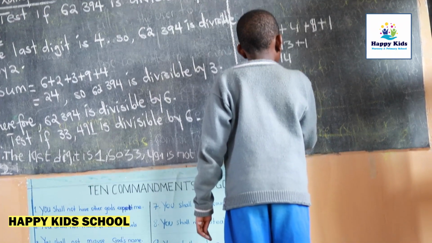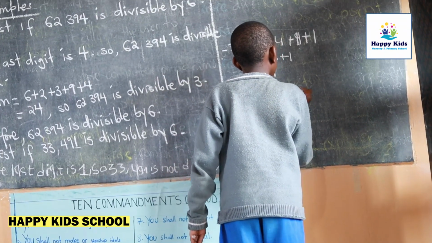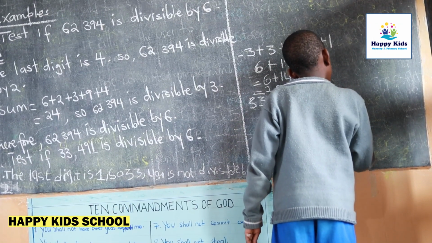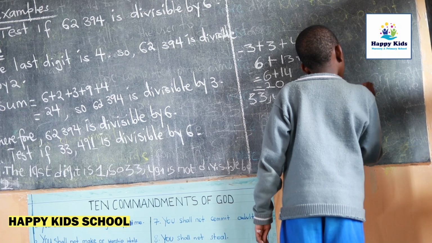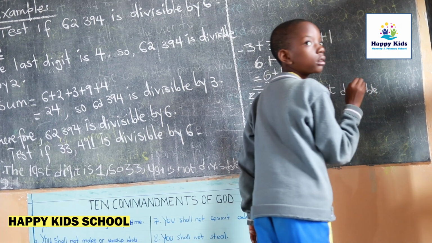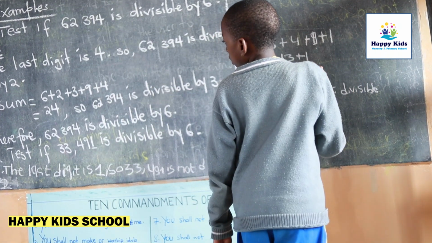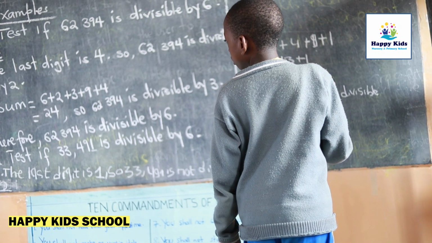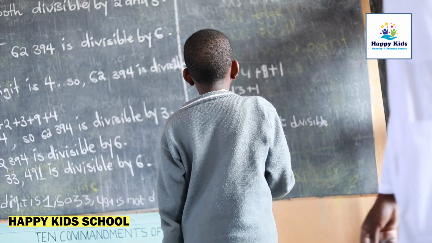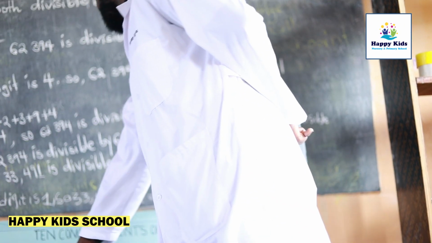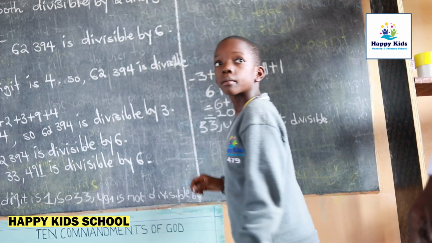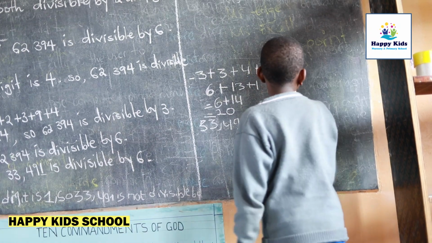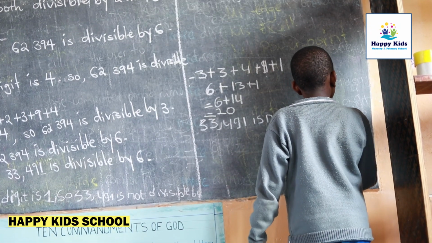I think you made a mistake. The number is 33,491, not 333,491. Come and show. Okay, it is not divisible by 3.